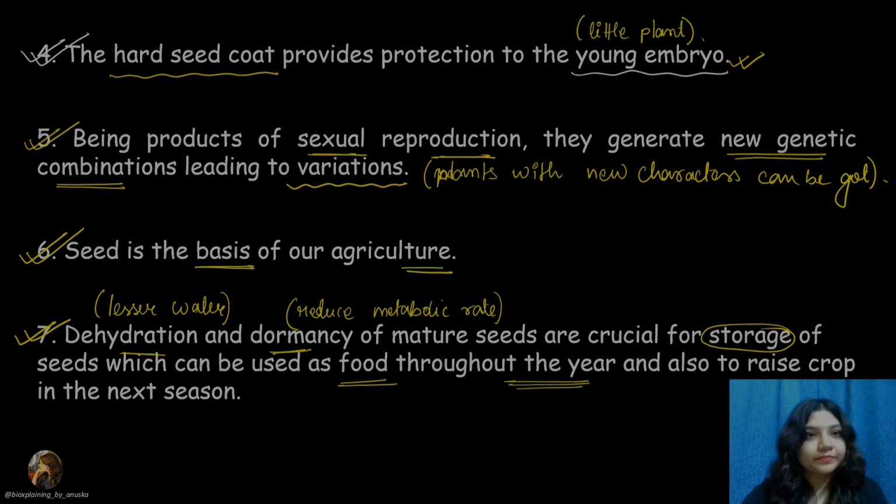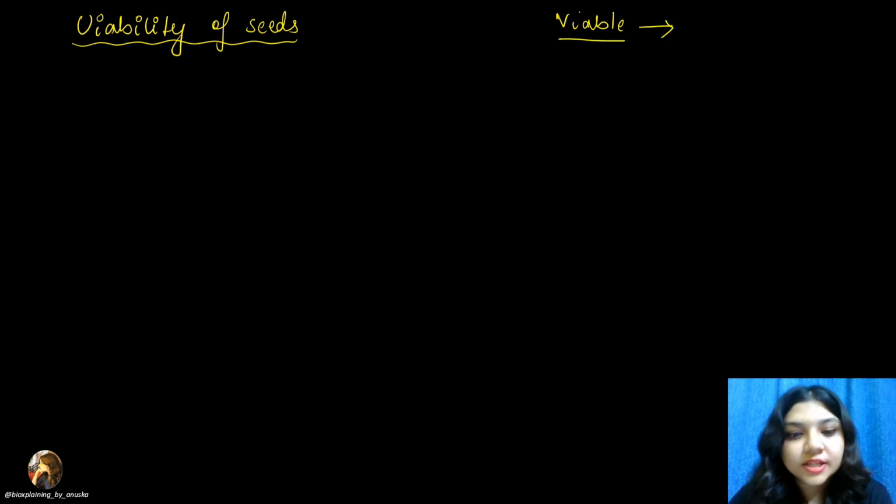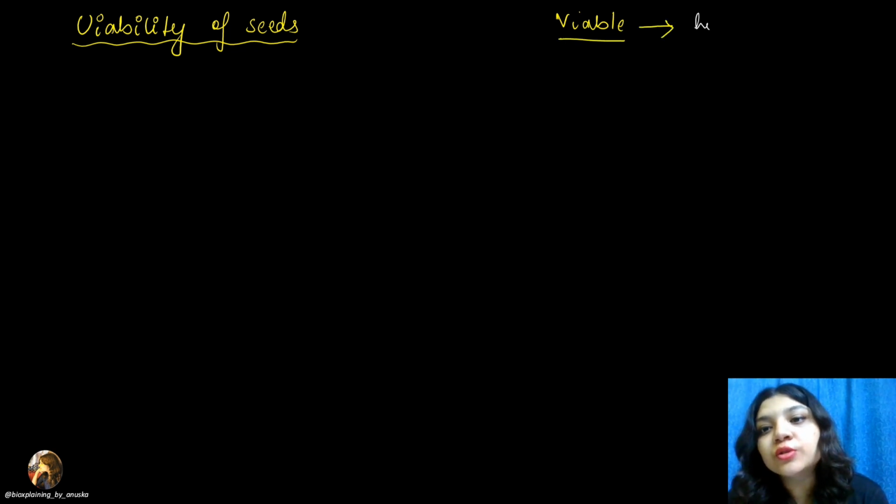Okay. Now, let us start talking about the viability of seeds. So, what is viability of seeds? मतलब कि how long are the seeds viable? Right? What do you mean when I say viable? Viable meaning is that how long the seeds have the potential to germinate.